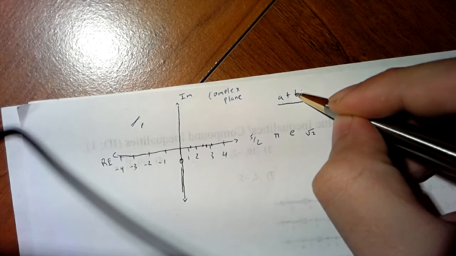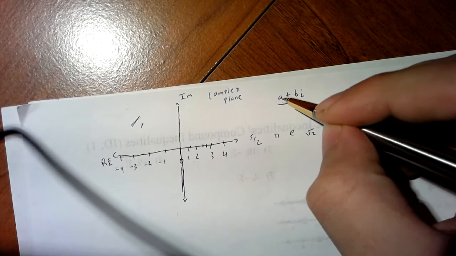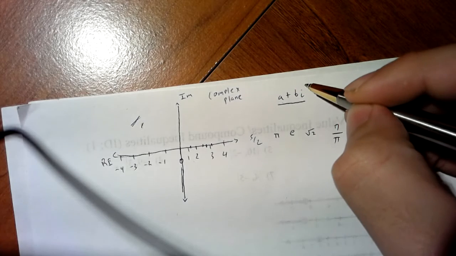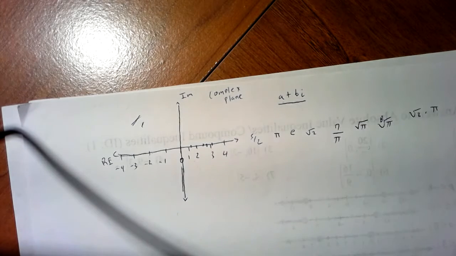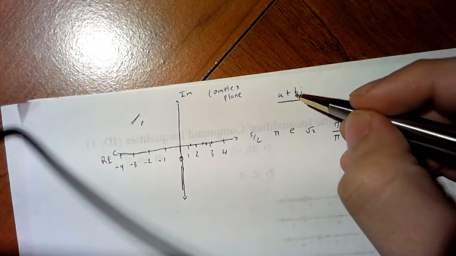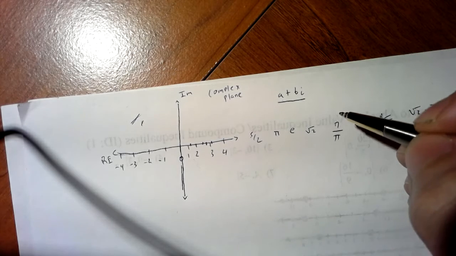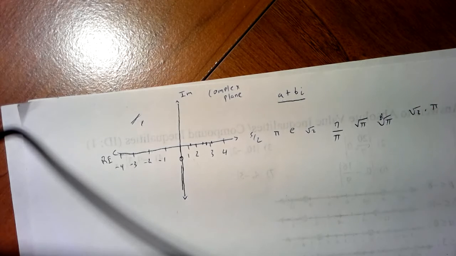So if b is 0, then essentially you get all of the real numbers, because it would be like pi plus 0i. That's just pi, right? So all of the real numbers are indeed complex numbers, but not all complex numbers are real numbers. So complex numbers are more general than real numbers.